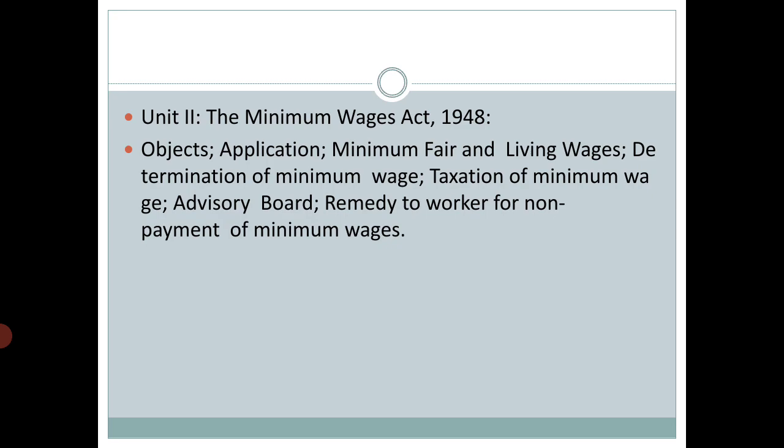Then we will go through the application of the Act, then minimum fare and living wages, determination of minimum wage, taxation of minimum wage, advisory board, and remedy to worker for non-payment of minimum wages.